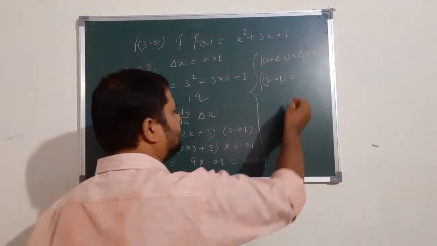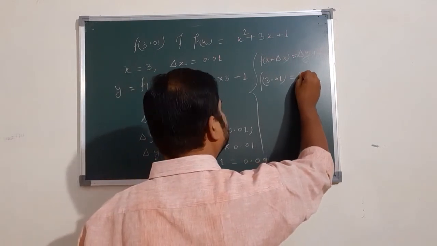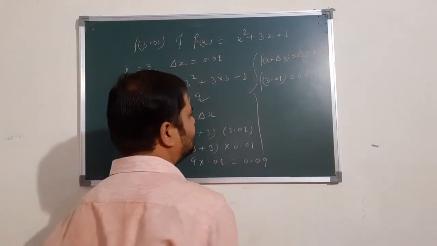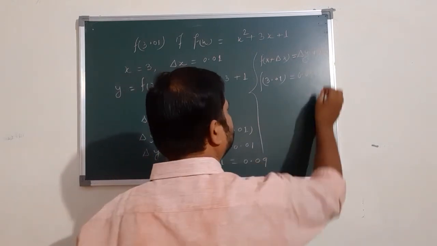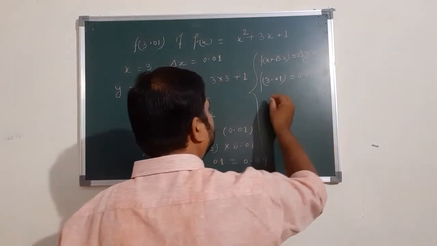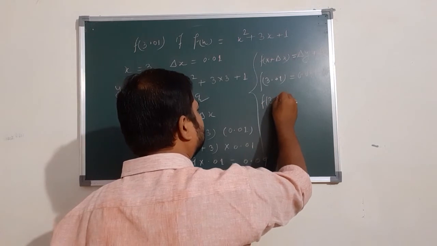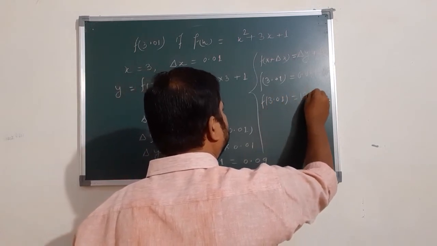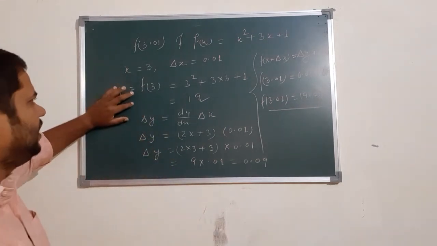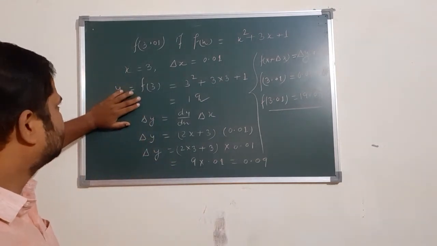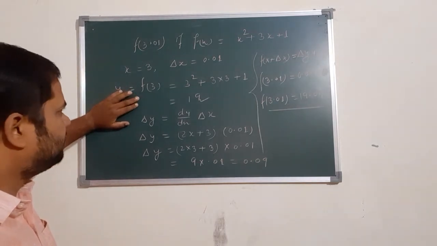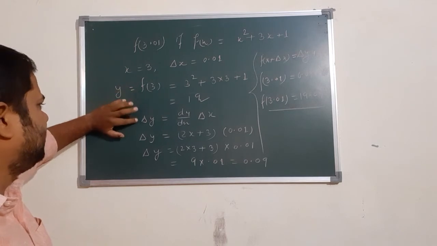So f(3.01), where delta y is 0.09, plus f(3), which is 19. So f(3.01) is nothing but 19.09. It's so simple.